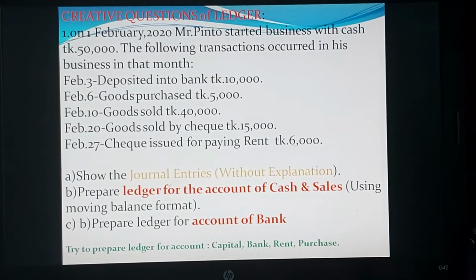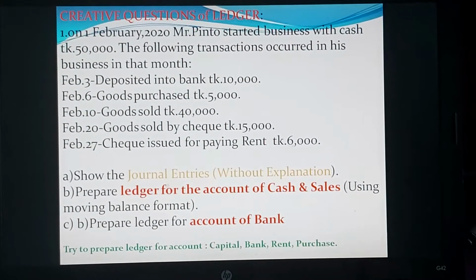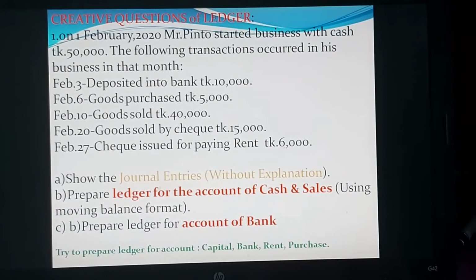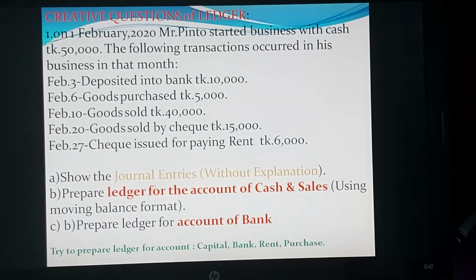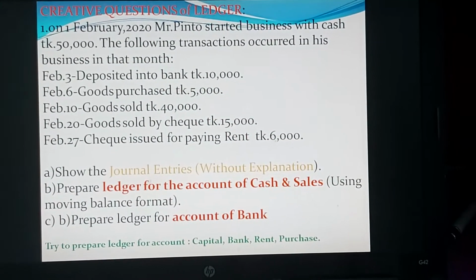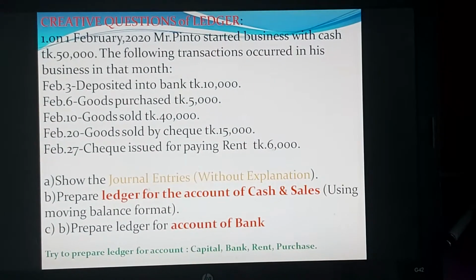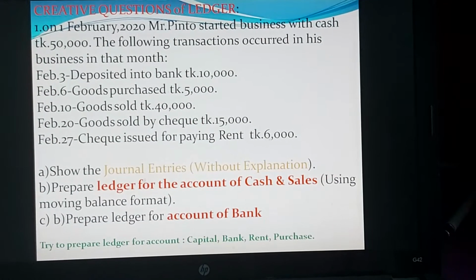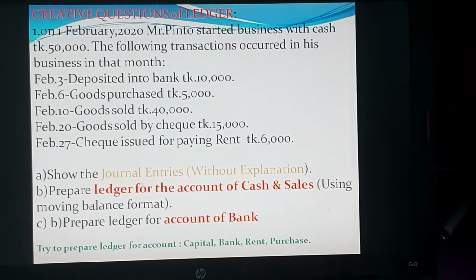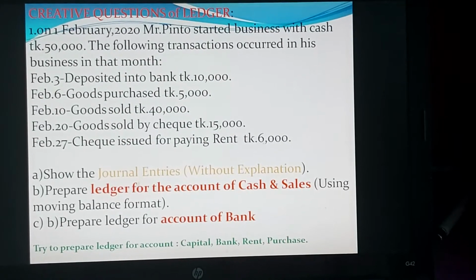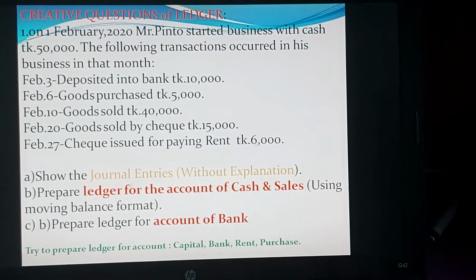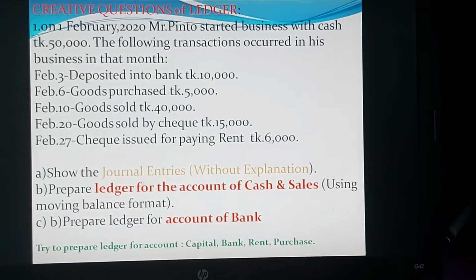February 20, goods sold by check, and directly informed to us, goods sold by check. In this transaction, two accounts are involved. Bank account, another one sales account. You can write for journalizing bank account debit, sales account credit for taka 15,000.